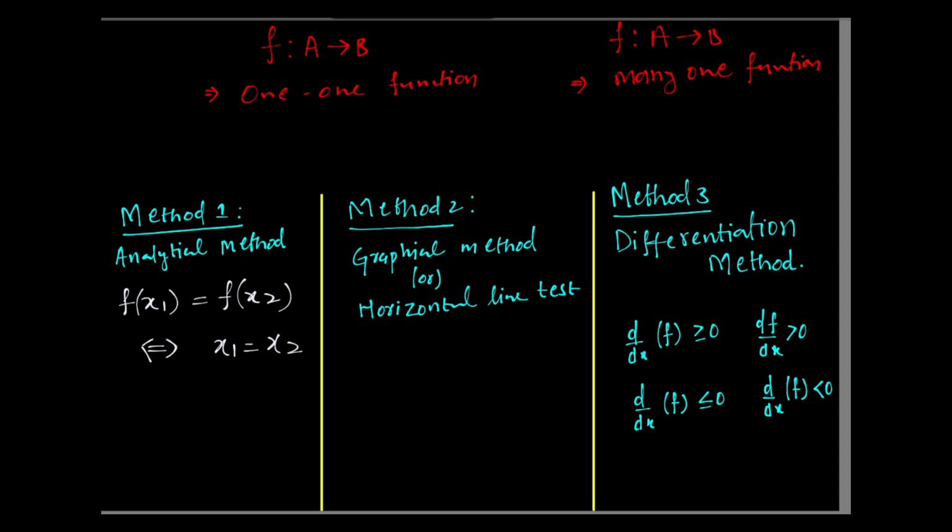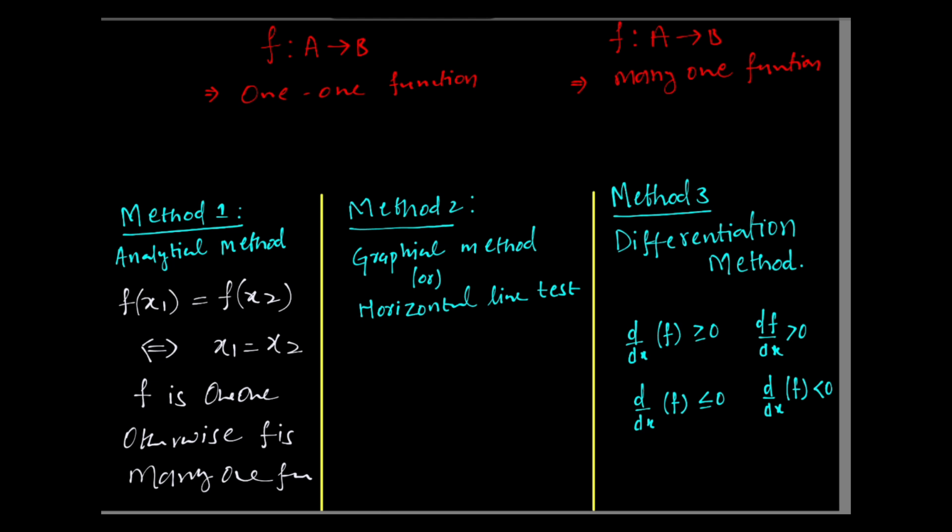If output values are equal if and only if the input values are equal, then f is said to be a one-one function. Otherwise, f is a many-one function. If the outputs are equal but the input values are not equal, then such a function is said to be many-one. We will discuss the respective examples here.